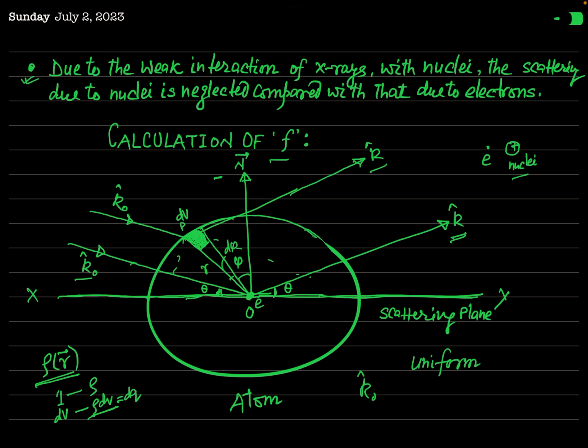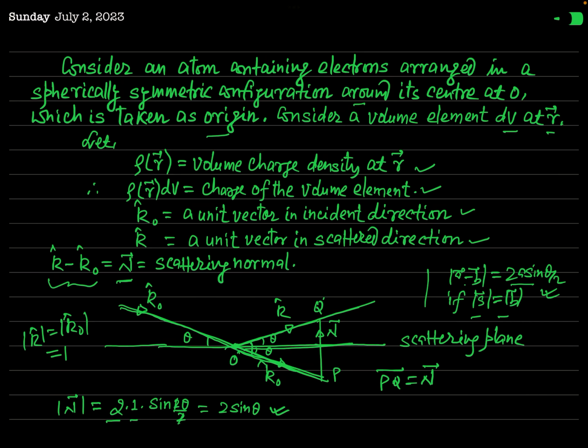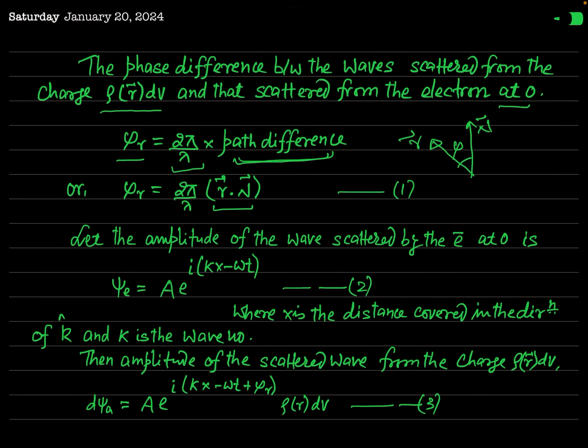Actually, this vector is r, and this vector will also be r, because this element is very small. So the angle between this r vector and n vector is equal to phi. So phi r, which is the phase difference between the scattered radiation from this charge element and the single electron situated at the origin, will be equal to 2 pi over lambda times r dot n.